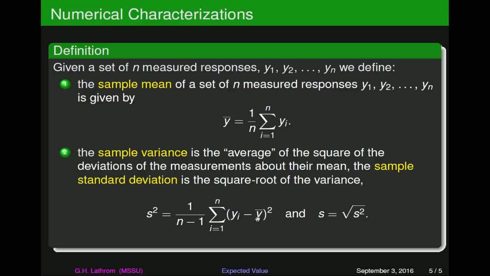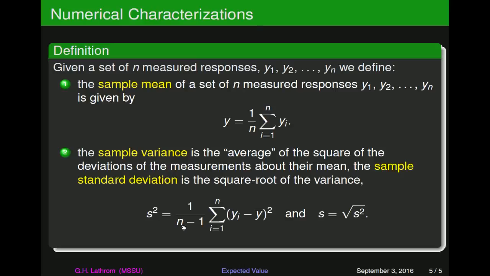Then the square root of that value is our sample standard deviation. These two values, the sample mean and sample variance, become very important when we're characterizing our data. These are probably the first two numerical characterizations that we'll encounter.